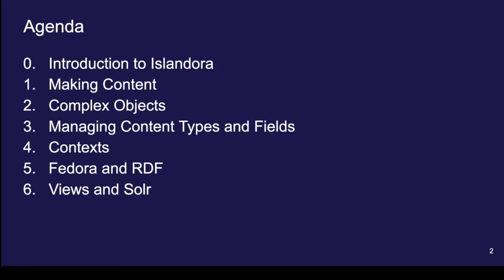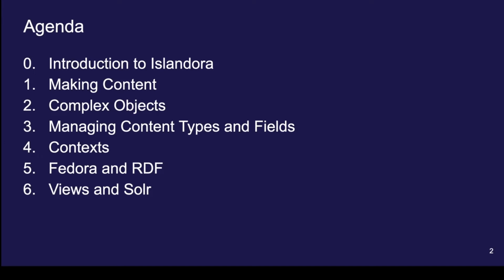First, we're just going to give an intro to the Islandora system. And then we'll delve deep into managing Drupal content. So making content, how Islandora makes complex objects, that's collections and things like that. We'll talk about managing your content types and the fields that are on them, so how you store your metadata.